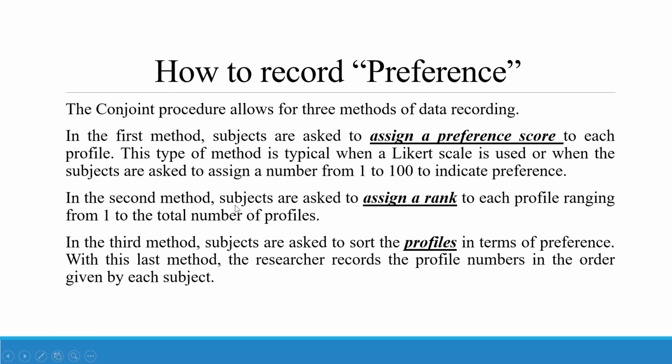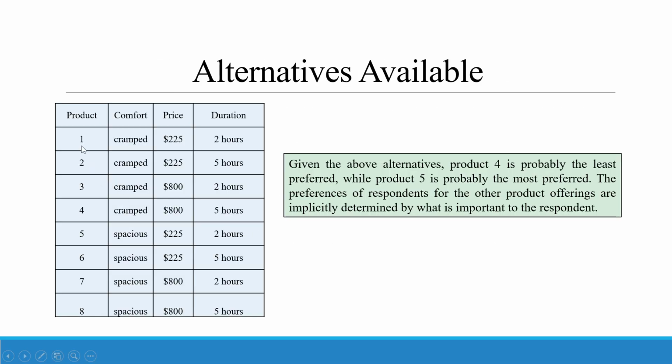In the second method, subjects are asked to assign a rank to each profile ranging from 1 to the total number of profiles. Okay, let's go back. 8 profiles are there. The most preferred, we start with the fourth one, so we will give the rank 1.